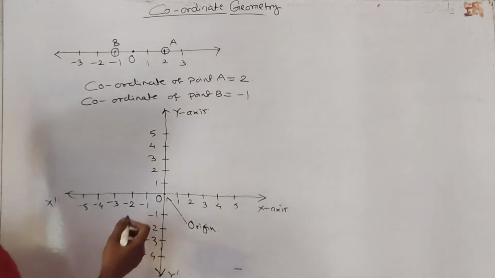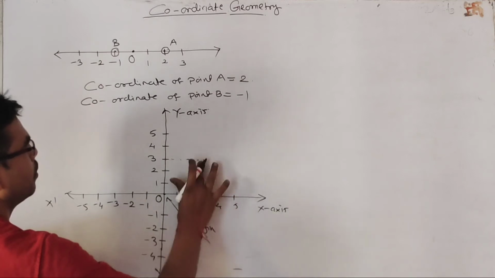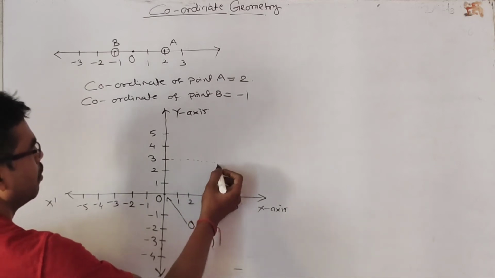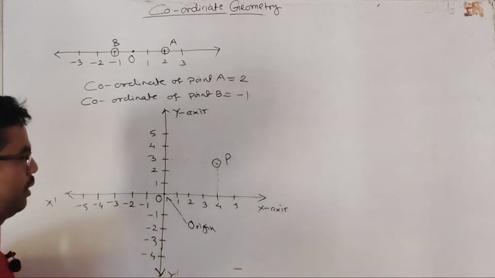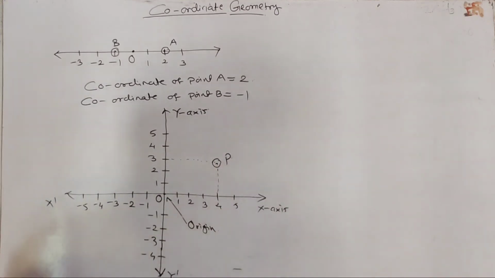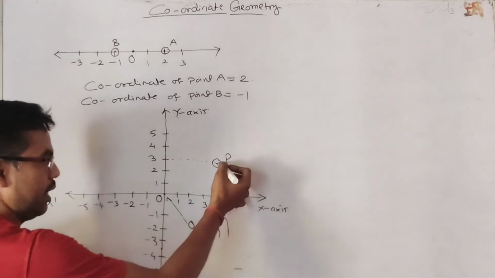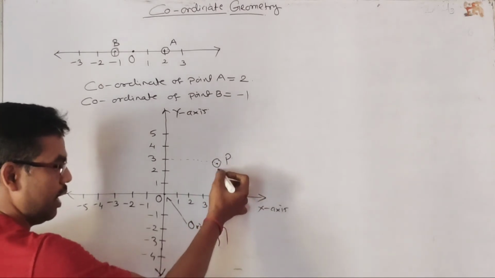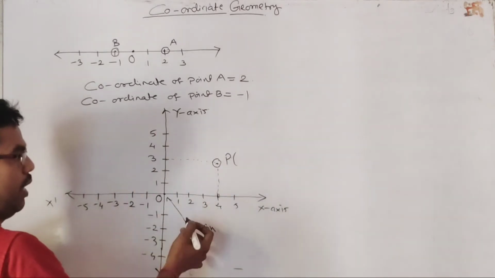Now suppose this is the position of an object at point P. So what are the coordinates of this? We have to write the coordinates in two numbers, that is, first we write x, and then we write y.